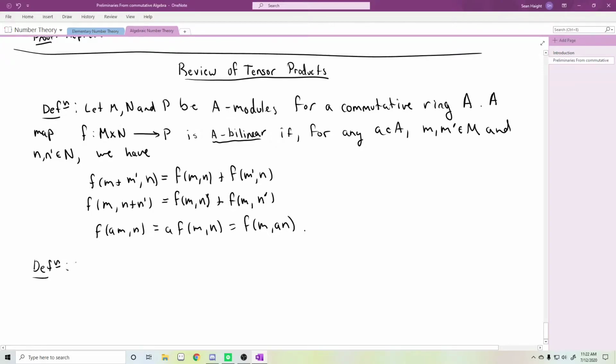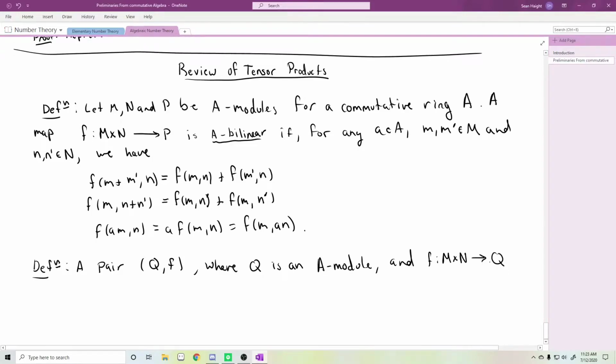The way we define a tensor product, a tensor product is going to be a pair (Q, F). Here Q is an A-module, and F is a map from the Cartesian product of M and N, which are still A-modules. Okay.